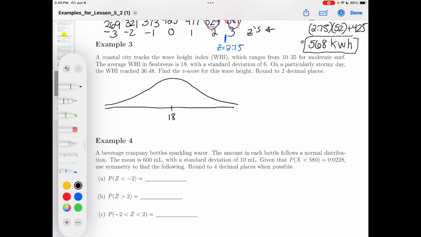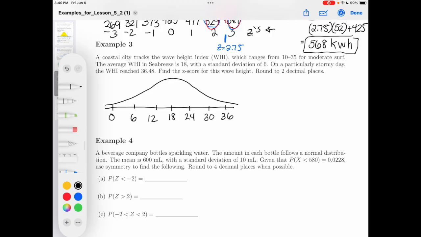The standard deviation is 6, so I'm going to add 6 to get my first standard deviation, which gives me 24. When I add 6 again, that's going to give me 30. And then when I add 6 again, that's going to give me 36. Now going in the other direction, I'm going to take 18 minus 6, which is 12. Then minus 6 again, which is 6. And then minus 6 again, which is 0.